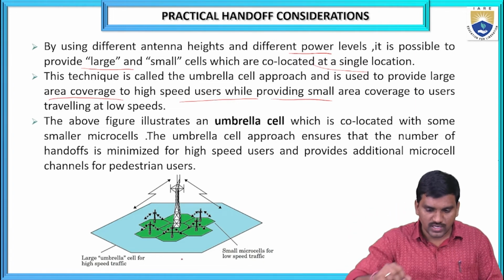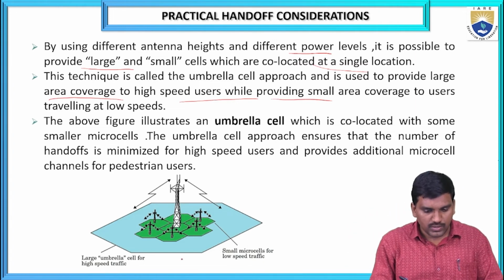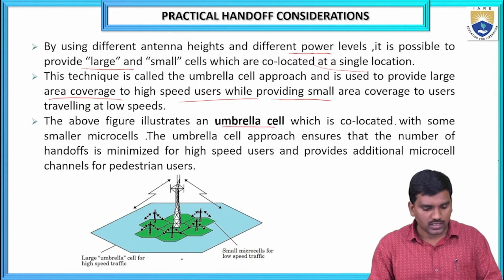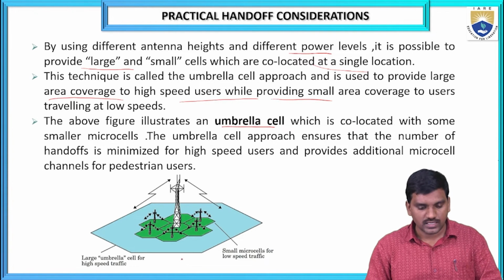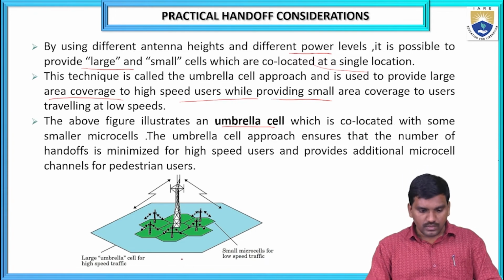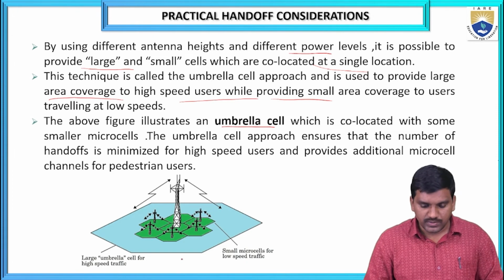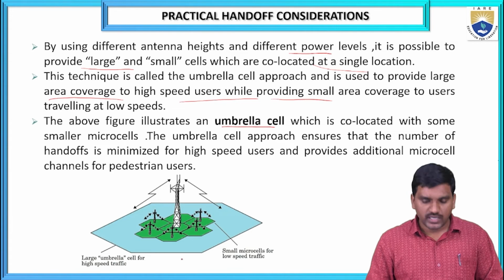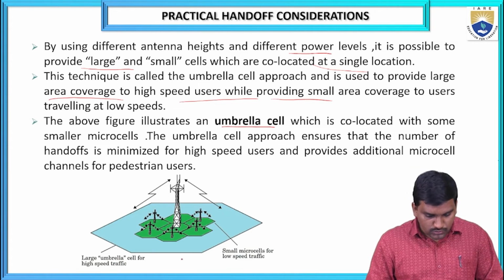Let's see one example here. The figure below illustrates the umbrella cell which is co-located with some smaller microcells. The umbrella cell approach ensures that the number of handoffs is minimized for high-speed users and provides additional microcells for pedestrian users. Look at the diagram once.